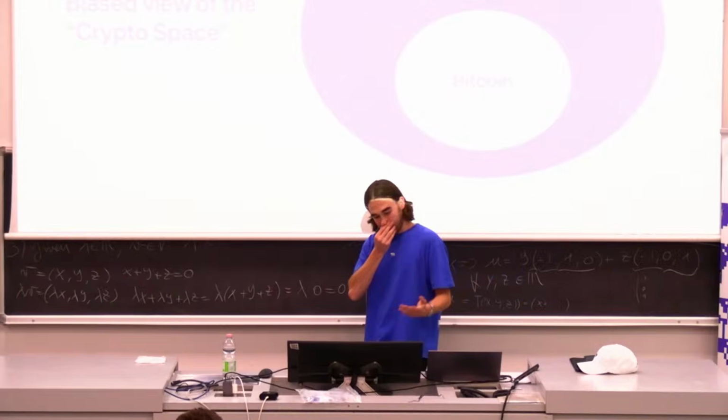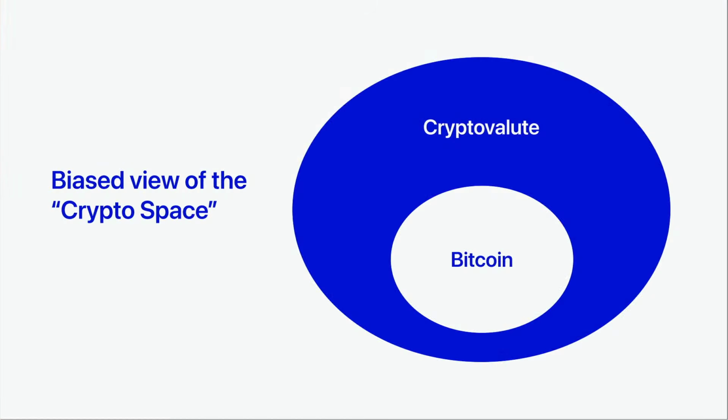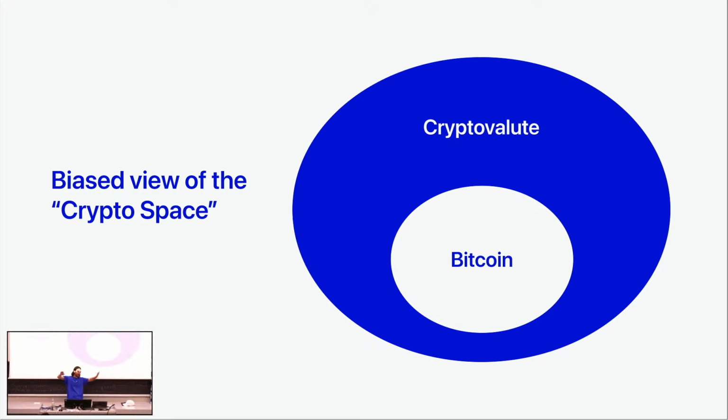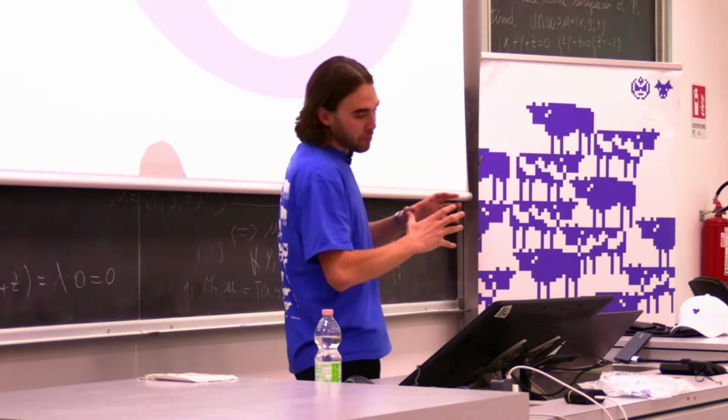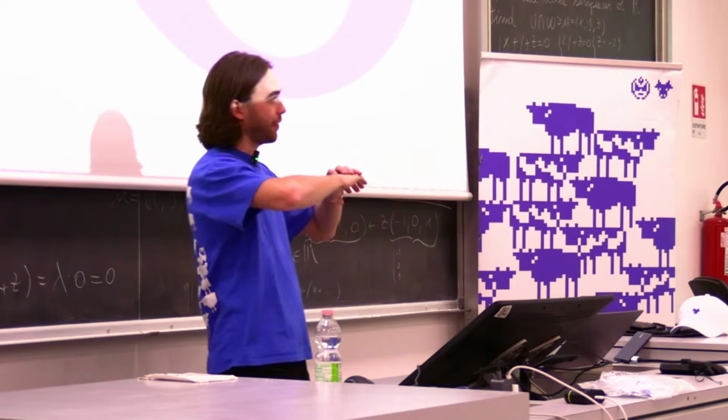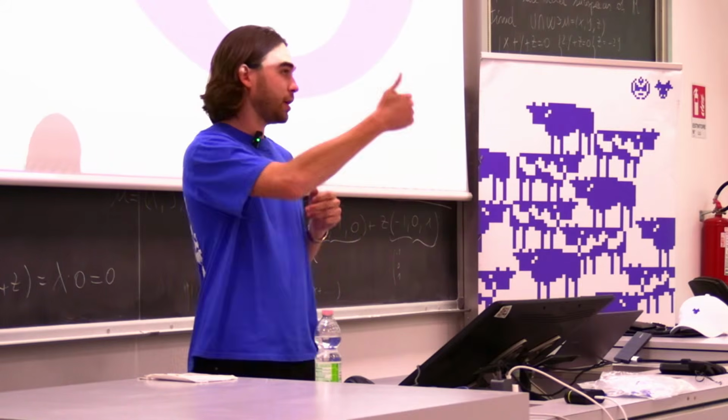So, as I was saying, this is the common view of the crypto world. You have a lot of different currencies with cool logos, and most people invest in this money based on how cool the logo is. And Bitcoin is the biggest, the one with more volume, and the oldest.